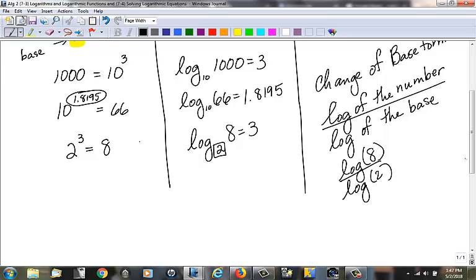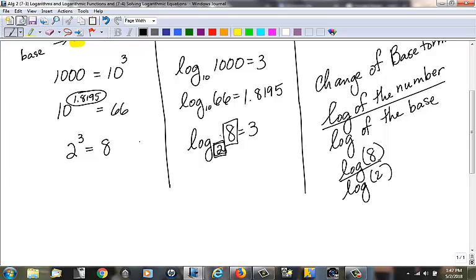What that does is it allows you to type in this number and this number, and then you get your answer. Okay, under the math key, go down.